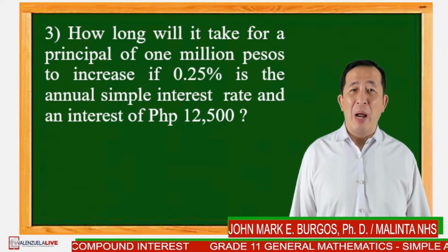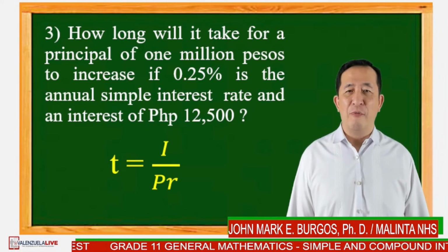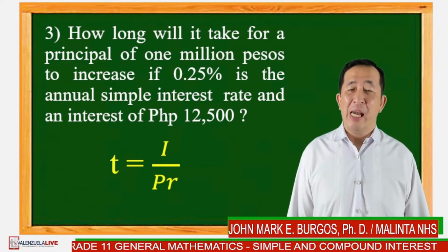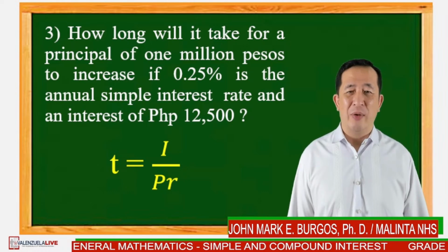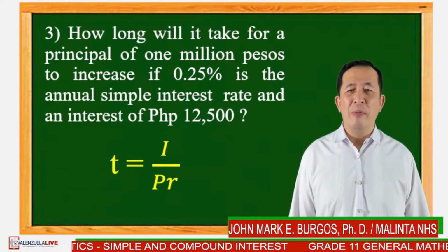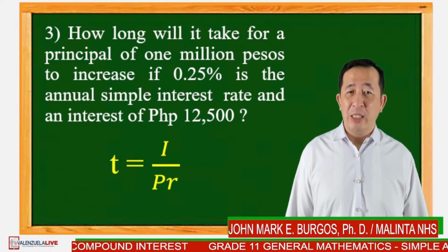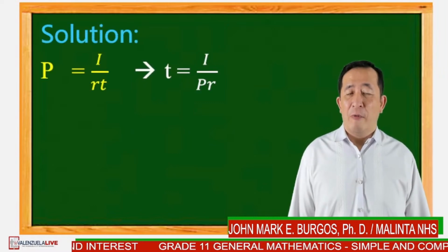So, the formula for the problem, since we are looking for the time, will be T is equal to interest divided by principal times rate.